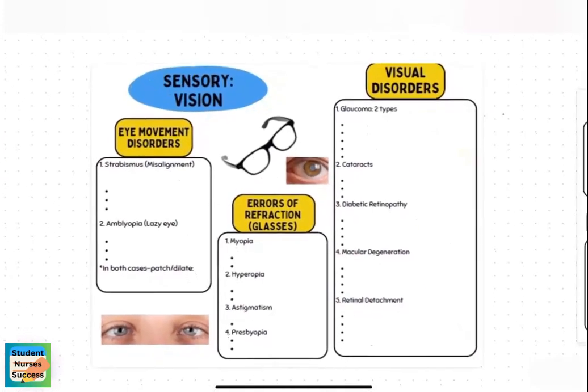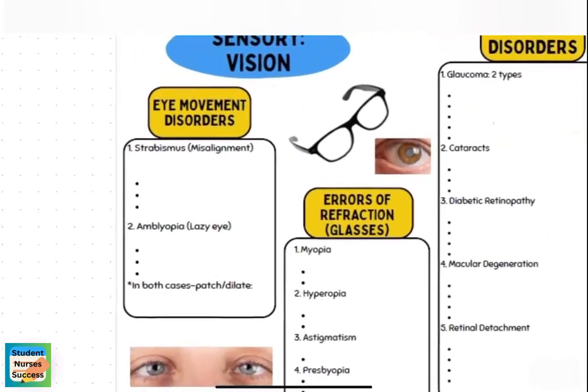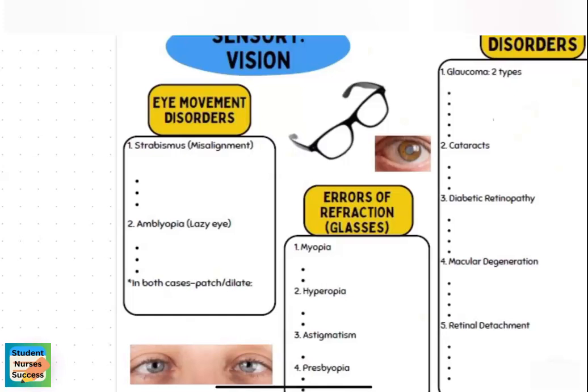Let's move on to some other disorders. We'll talk about eye movement disorders or disorders of the eye muscles. The first is strabismus, and strabismus is misalignment of the eyes. In strabismus, you can have what we call an esotropia, which means the eye is turned inward, or an exotropia, where the eye is actually turned more outward.